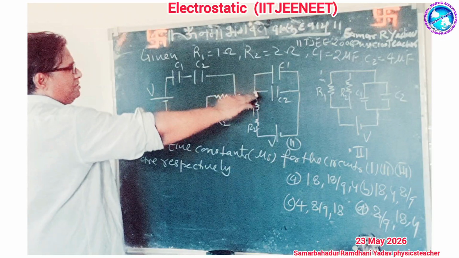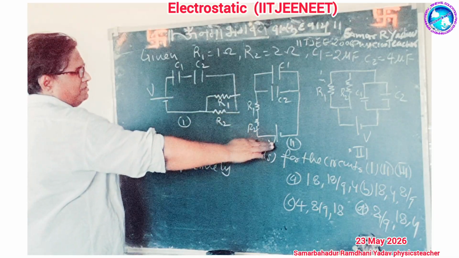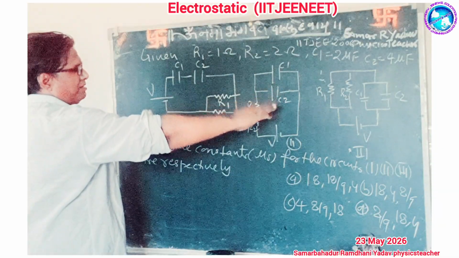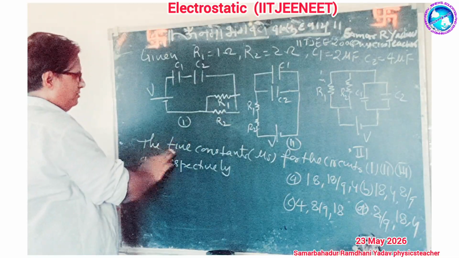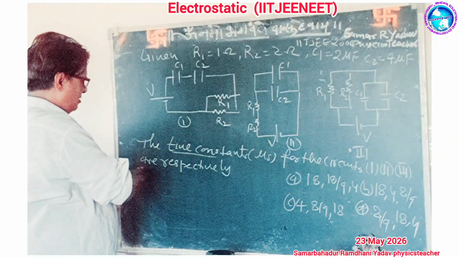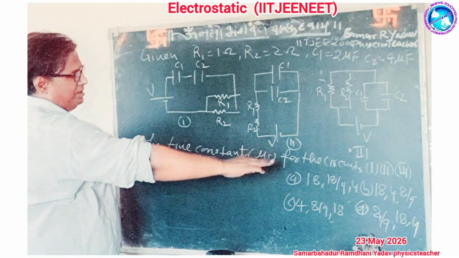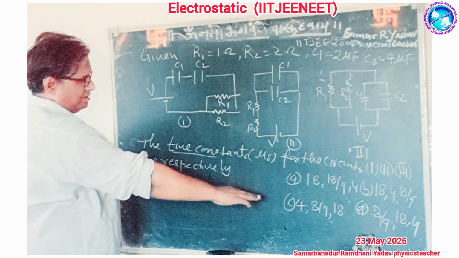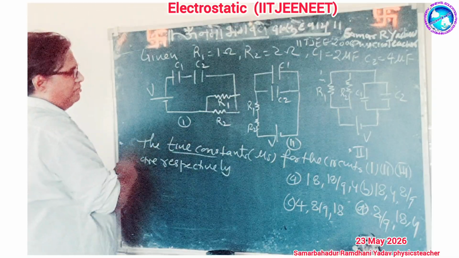In the second circuit, C1 and C2 are parallel, in series with R1 and R2, with voltage V. And in the third circuit, R1, R2 and C1, C2 are parallel with the voltage V. We have to find the time constant in microseconds for circuits 1, 2, 3 respectively. The four options are the same: A, B, C and D.